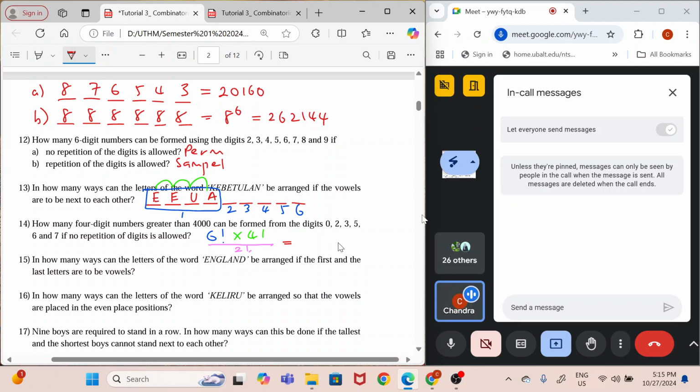Thirteen is the answer. For 13, the answer is 8640.